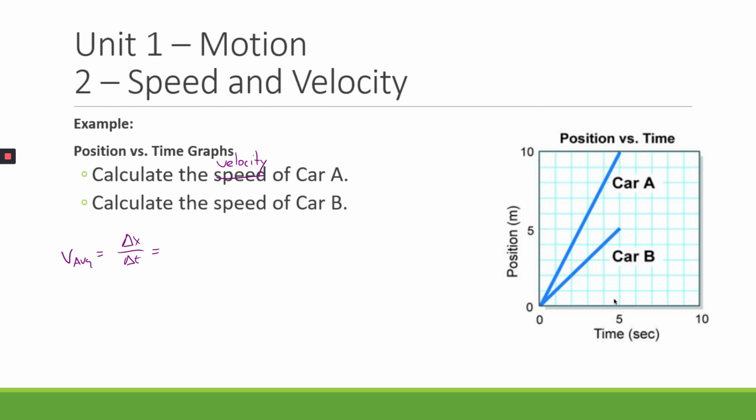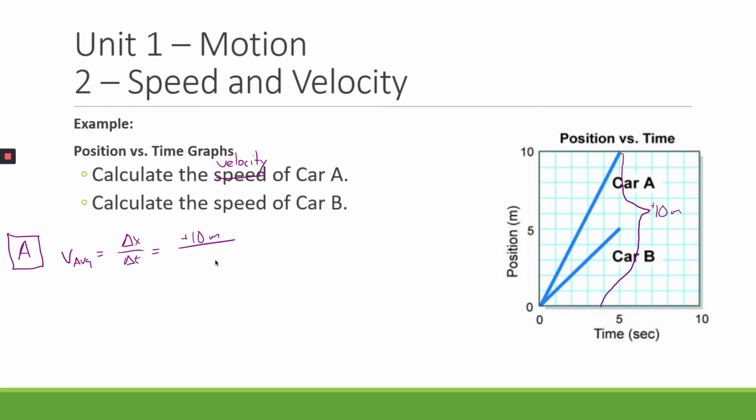So car A from 0 to 5 seconds, this is the rise of car A. So that is 10 meters, and that's positive 10 meters, right? It went from 0 to 10, so we're going to call that positive 10 meters.